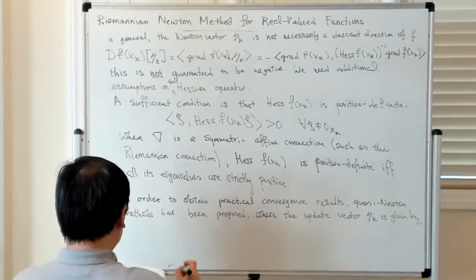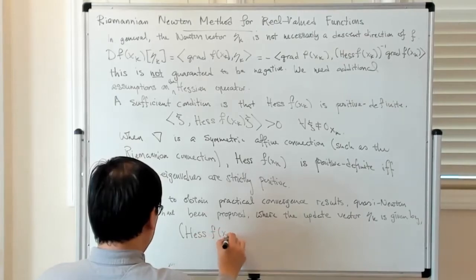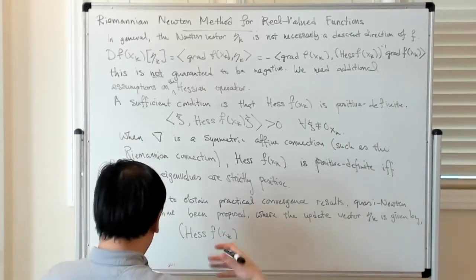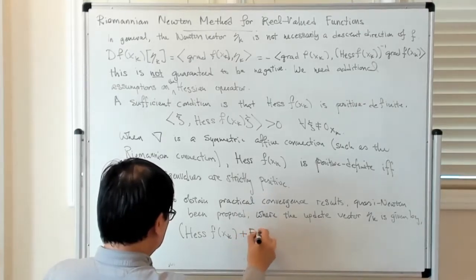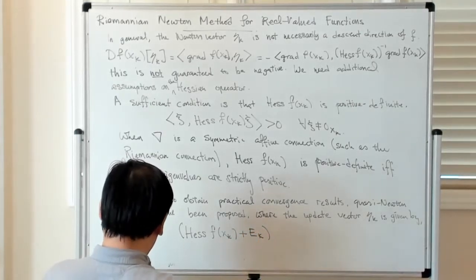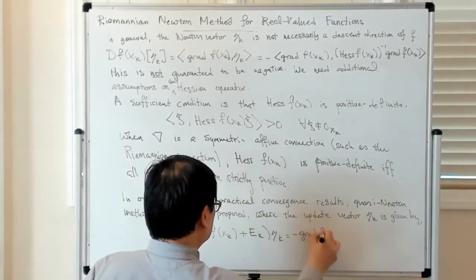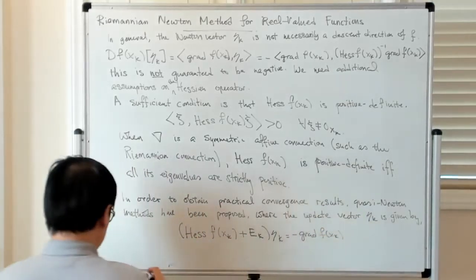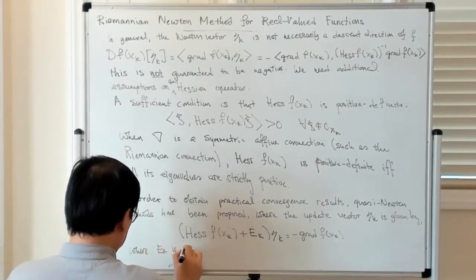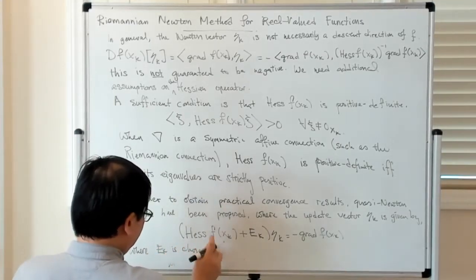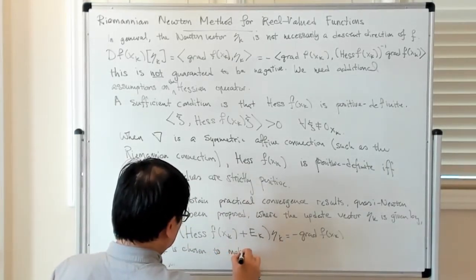So you modify the equation slightly. Instead of just having the Hessian of f at xk paired with the update vector equal to negative of the gradient of f, I shift it a little bit by another operator, where ek is chosen to make this combined operator positive definite.